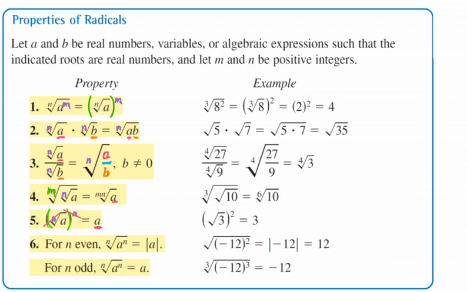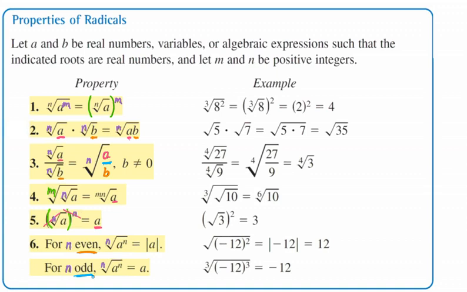Now, the sixth property has two different terms. It just depends on if our n value is even or if our n value is odd.